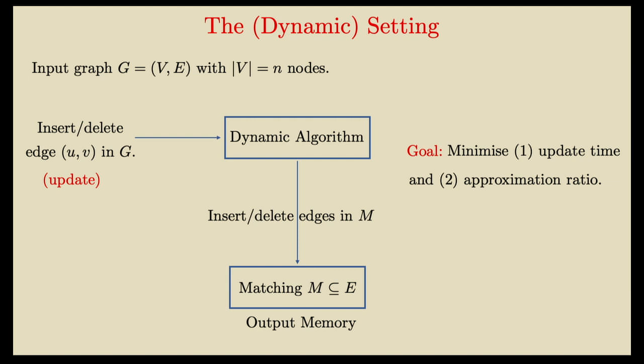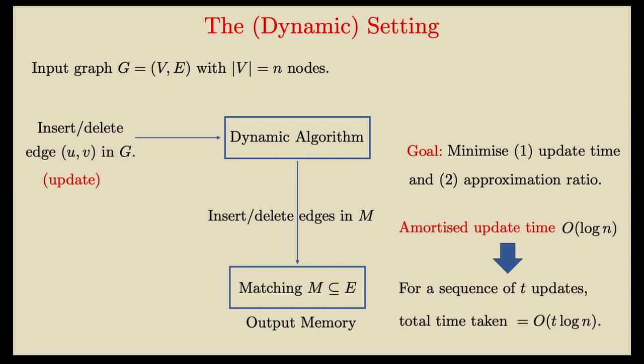So, we want to study this trade off, and throughout this talk when I mention the phrase amortized update time, I just mean this. Amortized update time log n just means you started from an empty graph, then after a sequence of t updates the total time the algorithm has spent to handle them is at most t log n. So, that is the basic preliminaries.